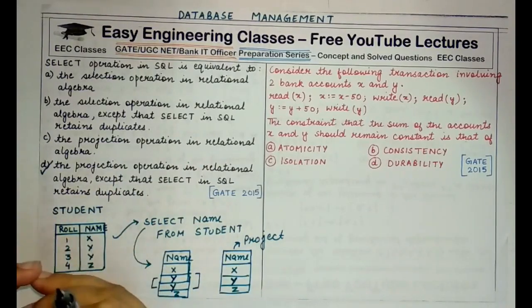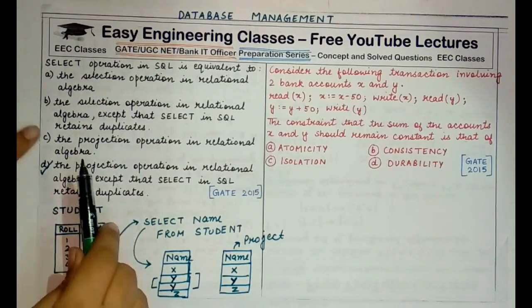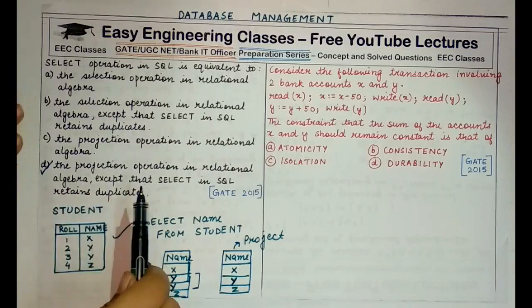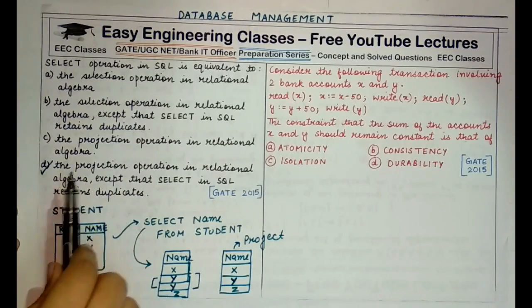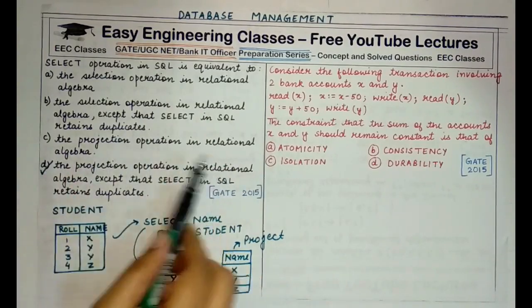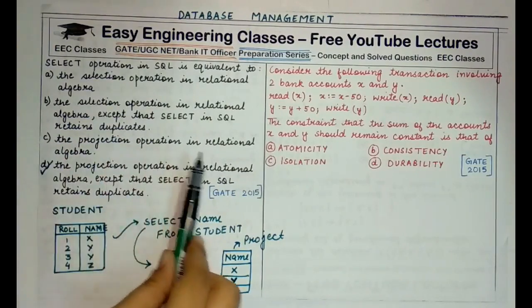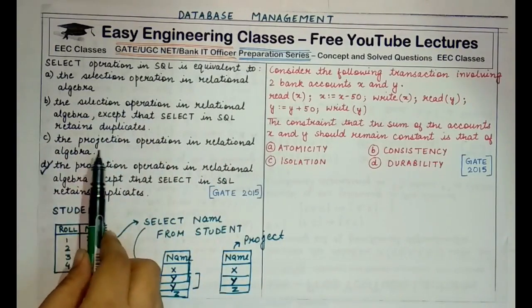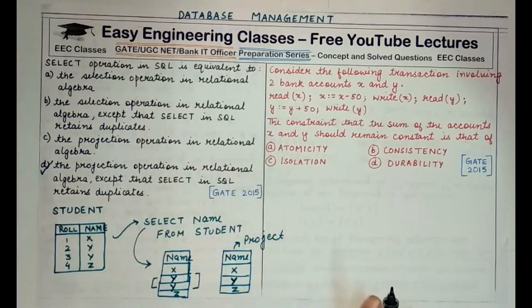Please read all the options in each of your questions, because as you saw in this question, the C and D options are partially the same, but actually the correct option is D, because D is a more detailed version of the answer, and that is more correct. The C option only states that select operation in SQL is exactly the same as the projection operation in relational algebra, but actually it is not true. The difference has to be stated, and it is stated in option D.